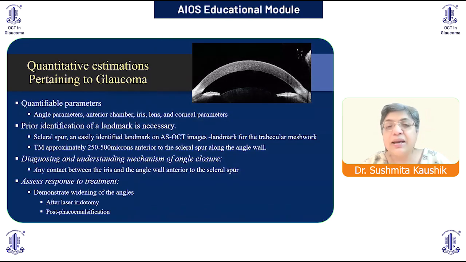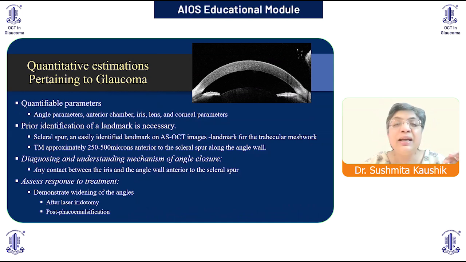So what are these estimations pertaining to glaucoma? The quantifiable measures are the angle parameters, the anterior chamber, iris, lens, and corneal parameters, of course. But the problem is that prior identification of a landmark is necessary. There's no way the machine is going to know which is the anterior chamber angle, which is the cornea, what is the iris, unless you mark it out.